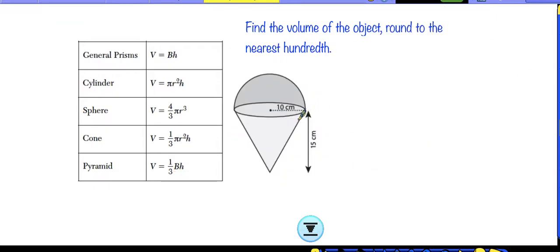Okay, so we need to find the volume of the object rounded to the nearest hundredths. Let's check with a different color. If we check this carefully, the bottom one is like a triangle here, but there's a circle, so it's a cone.